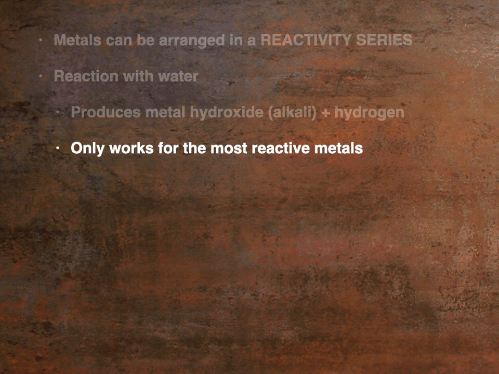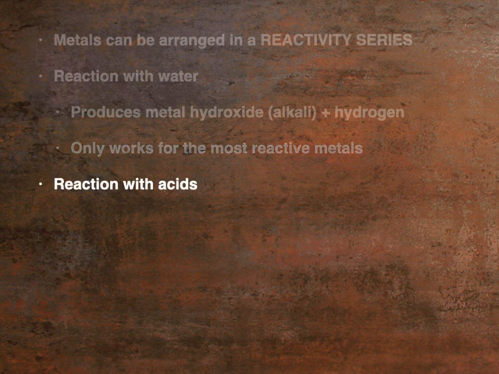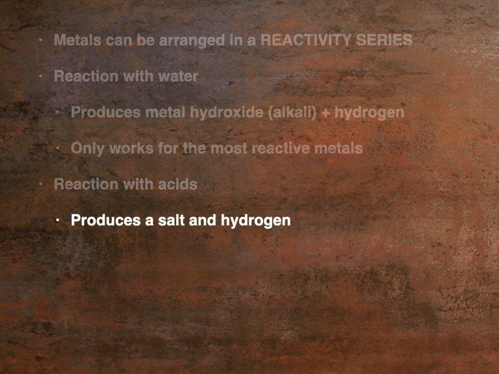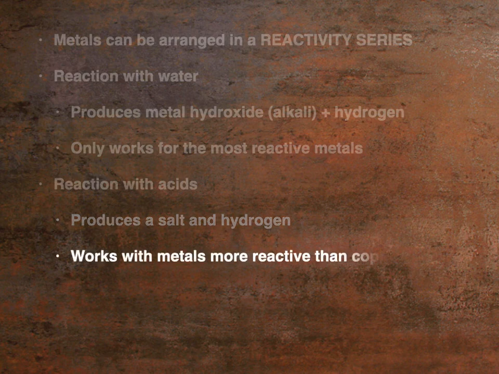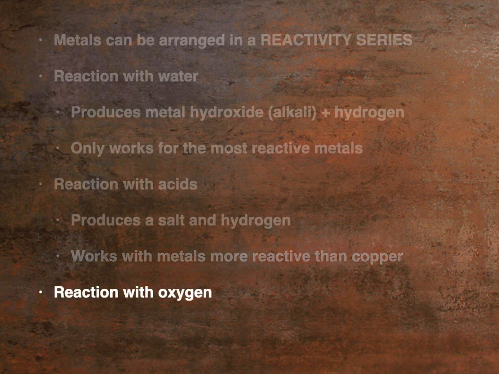When they react with water, they produce an alkali. Okay, most metals react with acids, and when they do, they produce a salt and hydrogen. But this only works for metals more reactive than copper. In a later video, we'll find out why. Finally, you've got the reaction with oxygen, which produces the metal oxide.